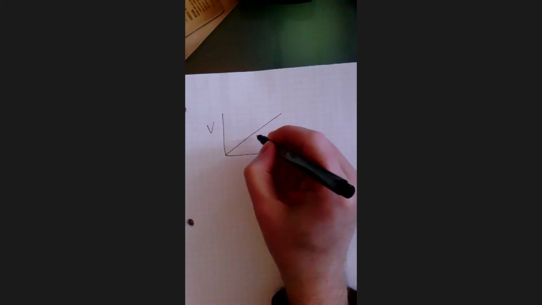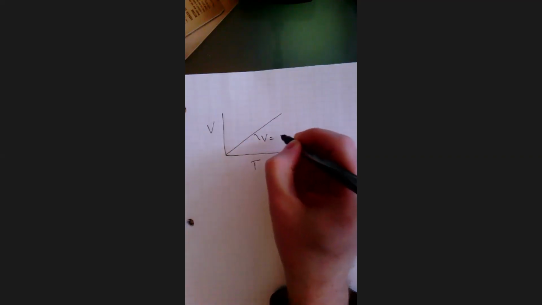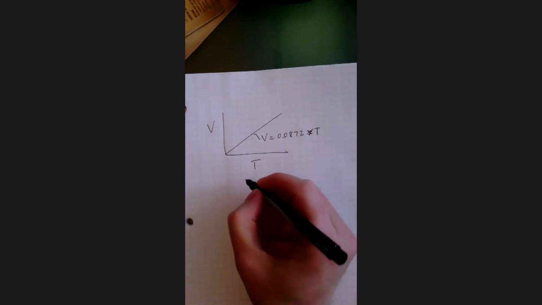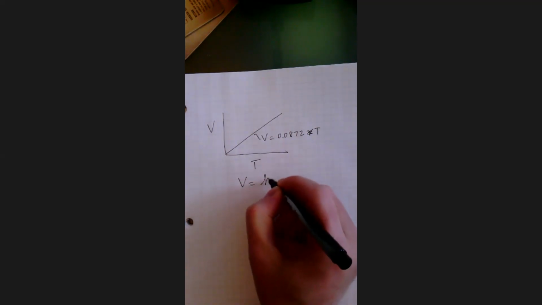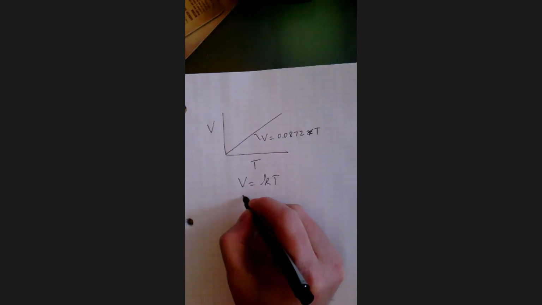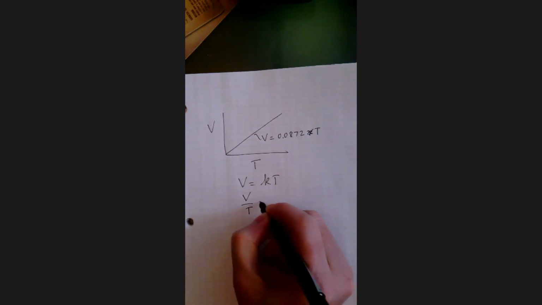You wrote your equation, V equals 0.0872 times x, but instead of x we have capital T for temperature. So that meant V was equal to KT, for direct proportion. We could divide both sides by T and say V divided by T is constant.